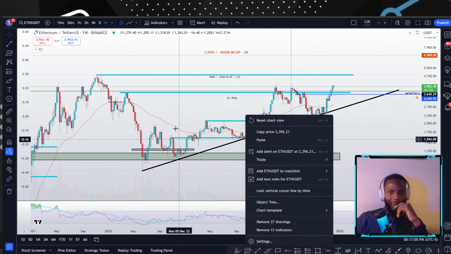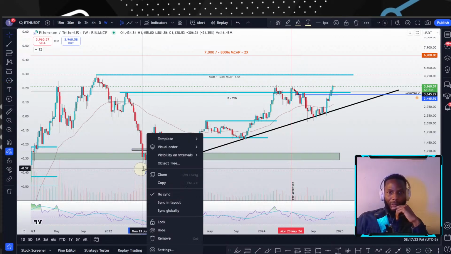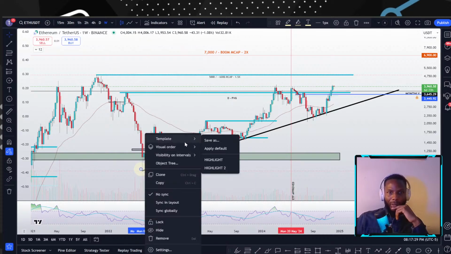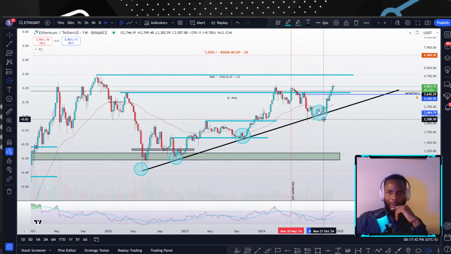So as you can see, we have this uptrend right here, and we've been getting multiple taps along this area. Just going to highlight that. So here, here.